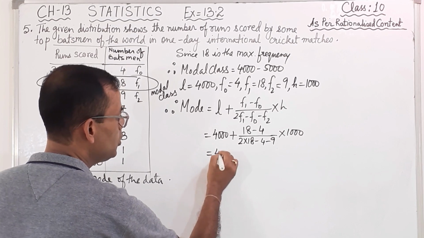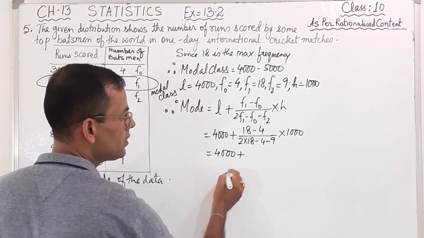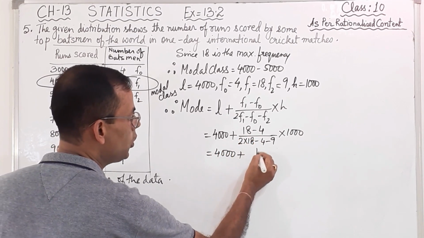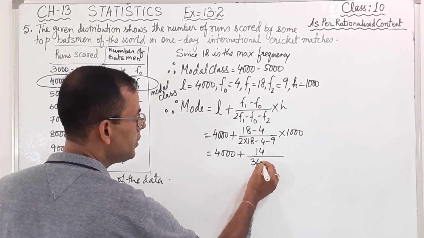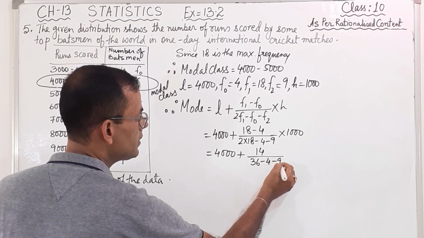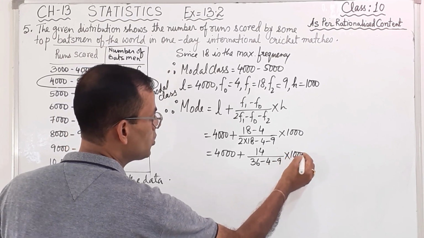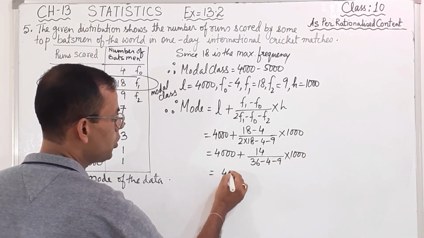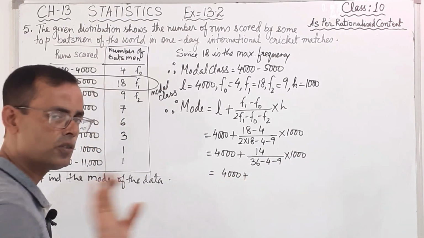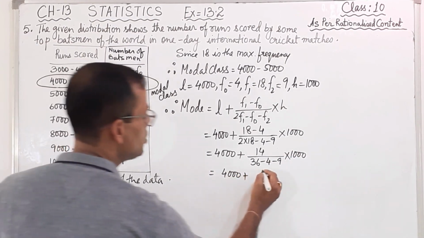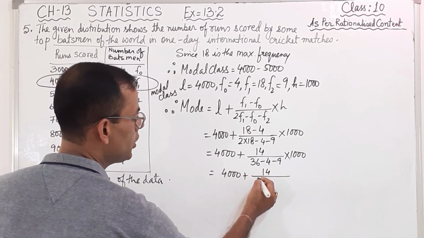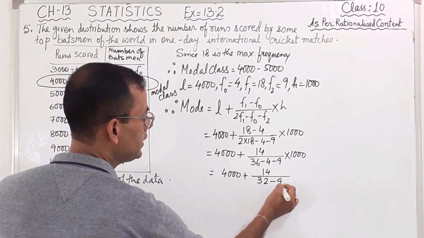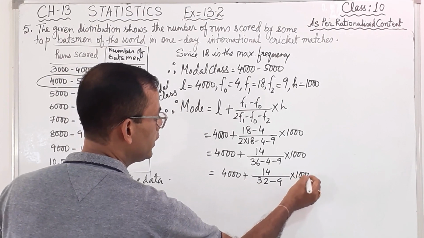Now 4000 plus, 18 minus 4 is 14, 2 into 18 is 36, minus 4, minus 9, into 1000. Never touch this 4000, keep it like that only. So 14, now 36 minus 4 is 32, minus 9, into 1000.